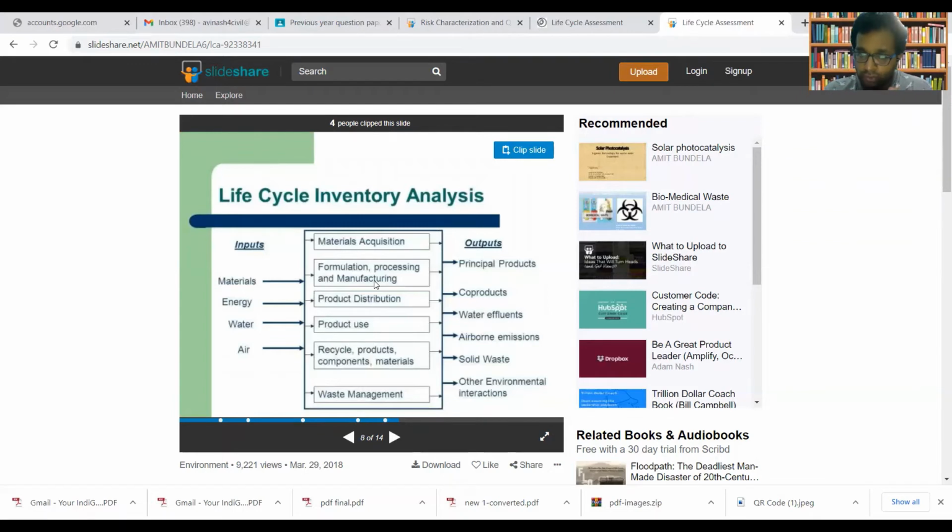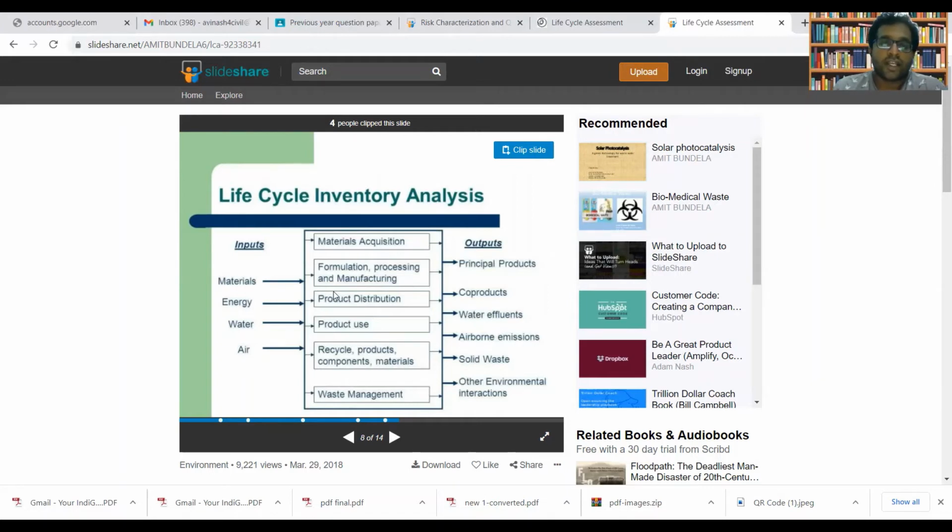Once the product is used, in some cases the product needs to be recycled, or the product components or materials remaining as waste need to be managed. So these are the different stages involved in the manufacture of the product: material acquisition, formulation, processing and manufacturing, product distribution, product use, recycling of products, components, materials, etc., and finally waste management.